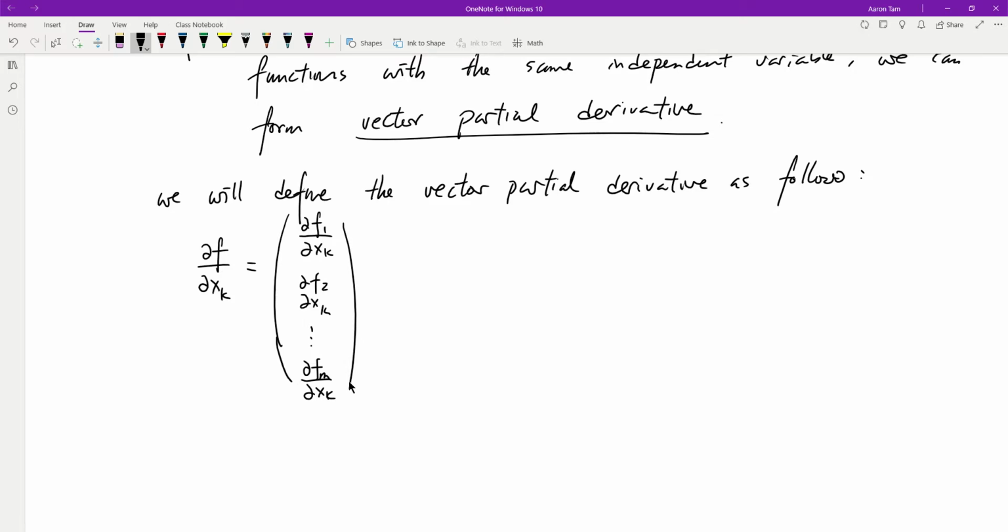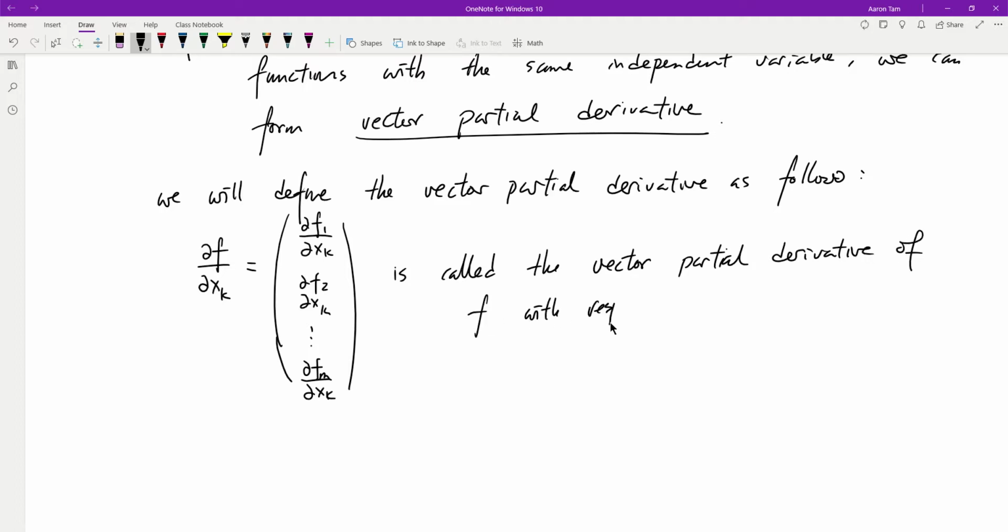And so this is called the vector partial derivative of the function f with respect to x sub k.